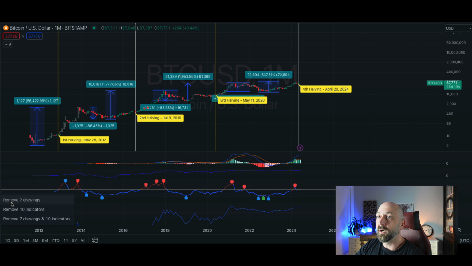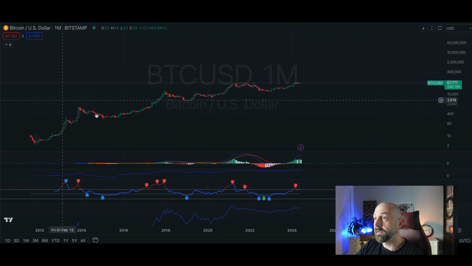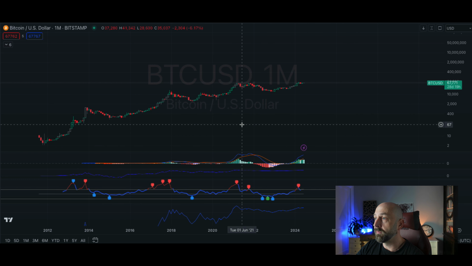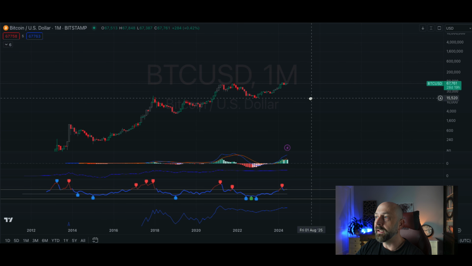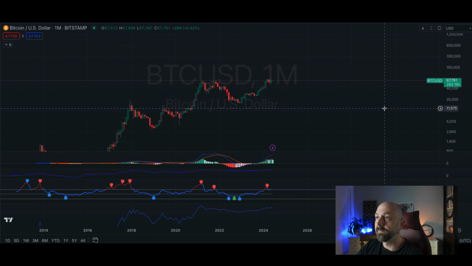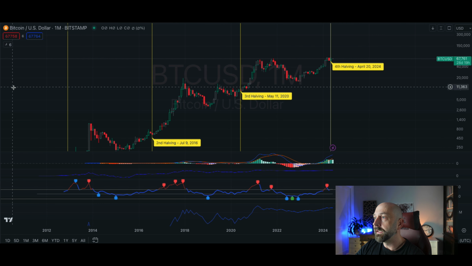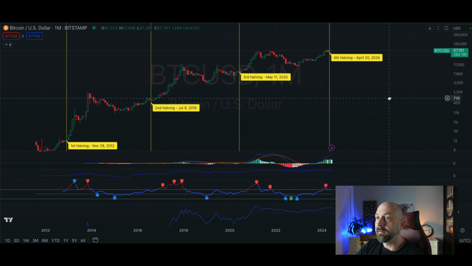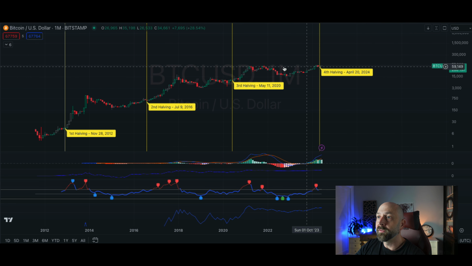Now, I do think that the institutions having arrived with ETFs, so some ETFs have been approved in this cycle, have changed the structure of the way Bitcoin works, and I'll show you why. If we look at the halvings, we've never broken an all-time high pre-halving.